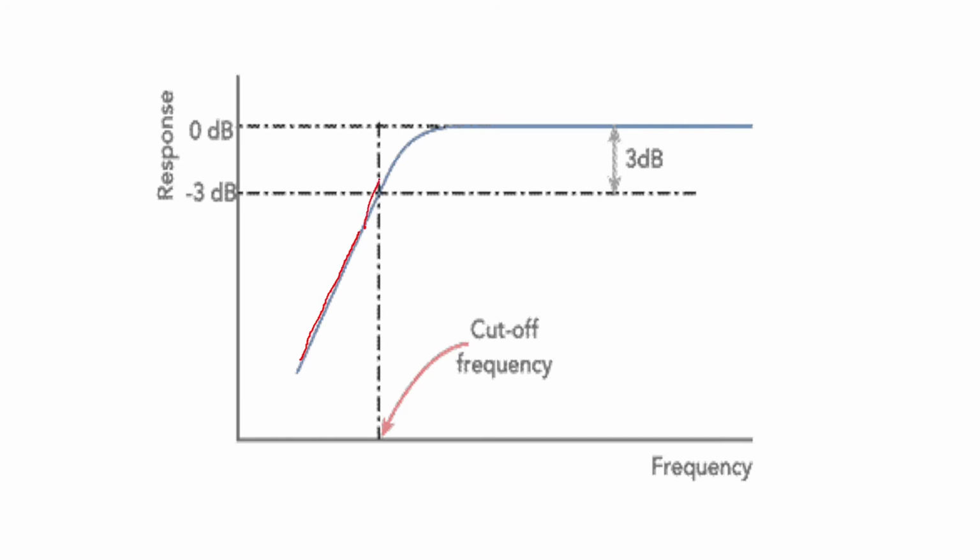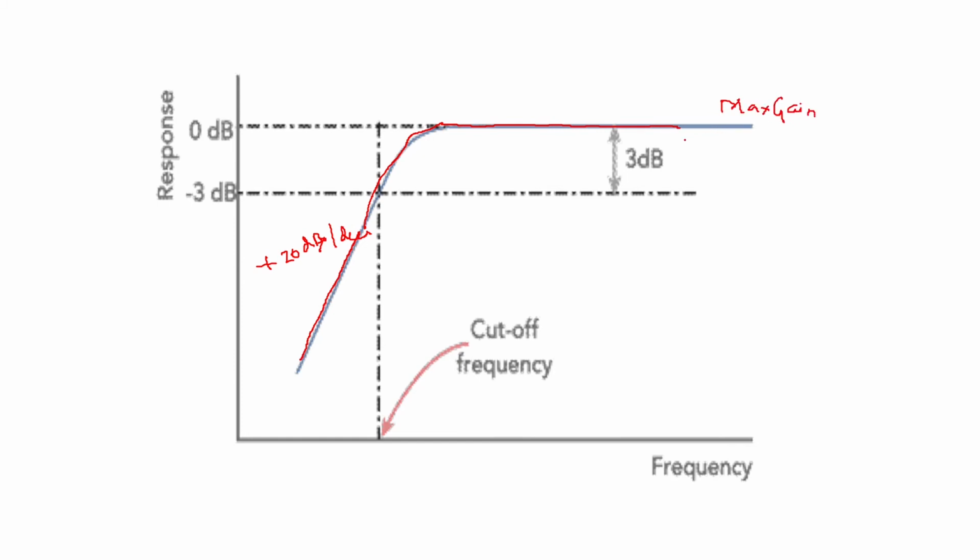This increase will be at the rate of plus 20 decibels per decade of frequency. Now this will go, and then at one stage it will remain constant. So this is your maximum gain.